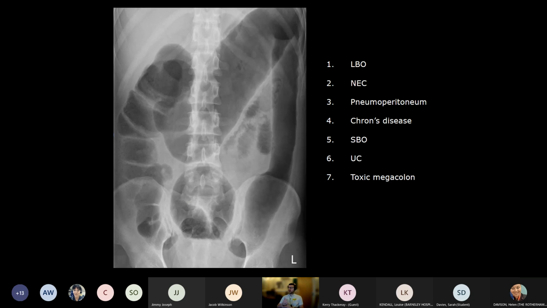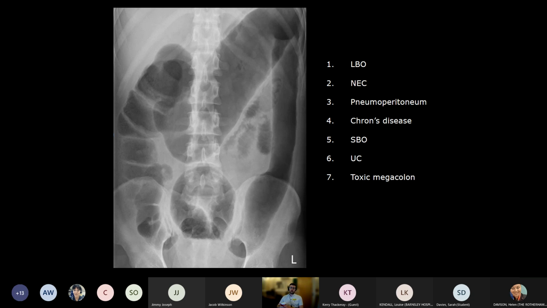Okay, this is a 39-year-old male that came in with severe abdominal pain. What do you think this might be? Now, this is quite difficult, and I can see why people would think a certain thing. But have a think about it and just see what you think. What do you reckon?